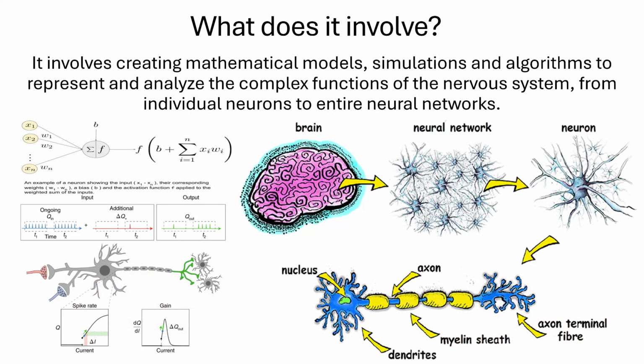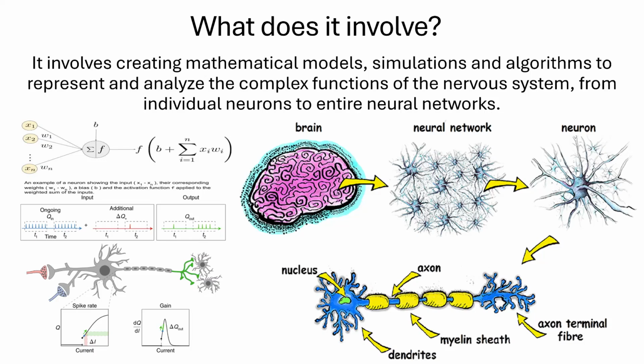What does it involve? We will speak a lot, especially during the next lectures, about models. These are mathematical models, which may be something like a formula, and we will also speak about simulations and algorithms which try to represent and analyze the complex functions of the human nervous system.